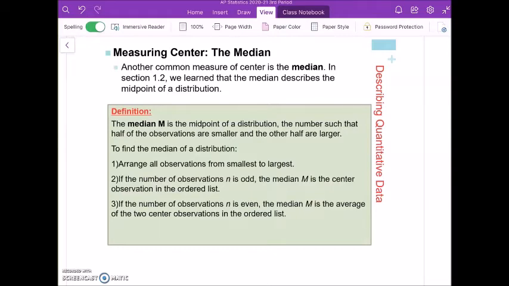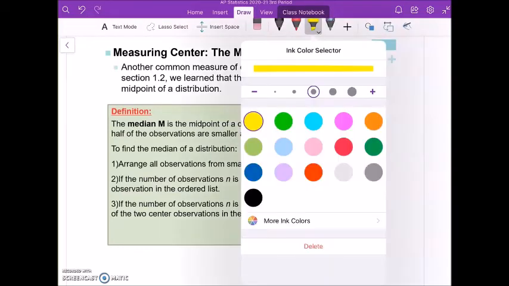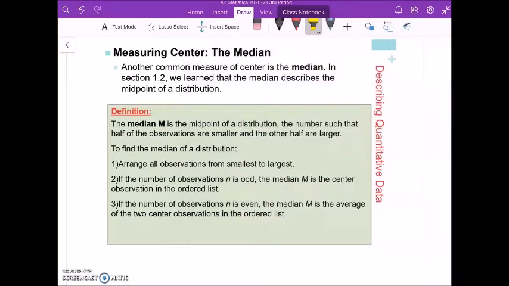So if you are to find the median, what you can do is order all the numbers from smallest to largest, and then you count from the outside inward till you get to the middle. If the number of observations is odd, then the median is the number that's right in the center of the list. If it's even, then you have to take the two numbers in the center of the list and average those together.